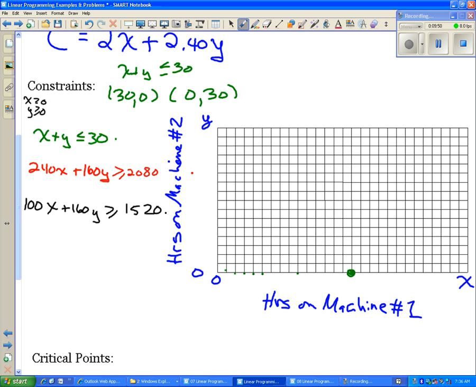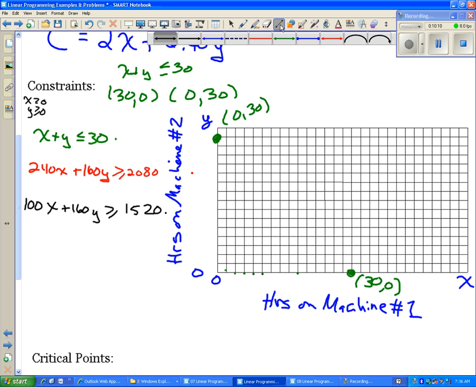This is the point 30, 0. And going up, this is the point 0, 30. Then I can draw that line in green. There's my first constraint.